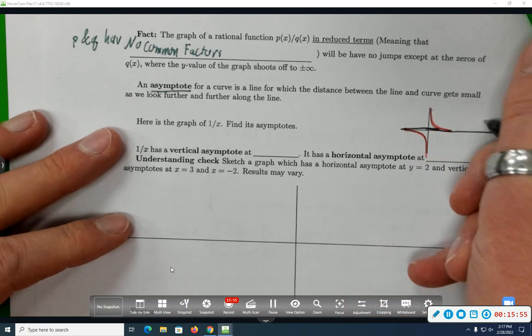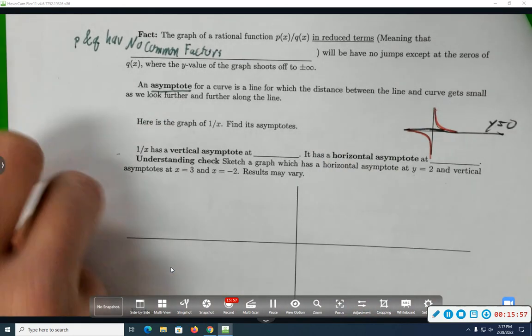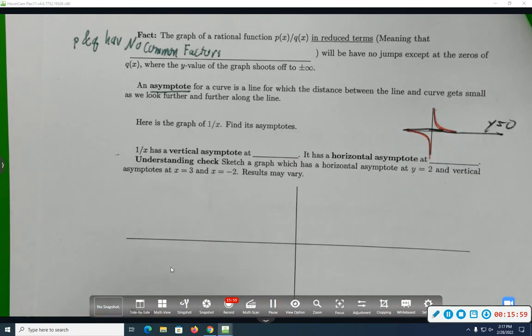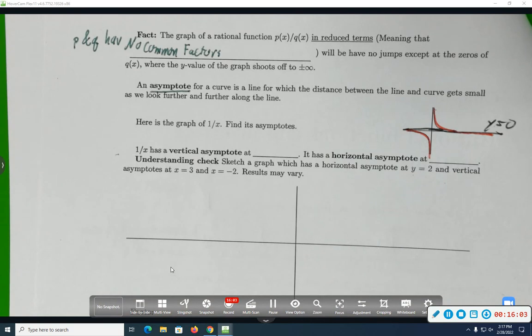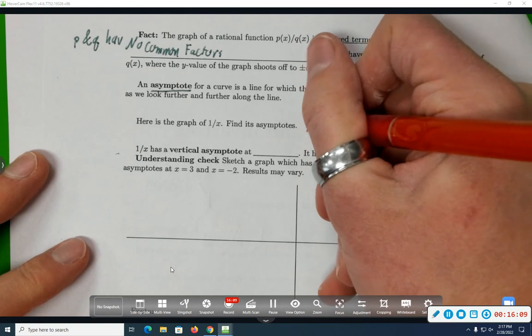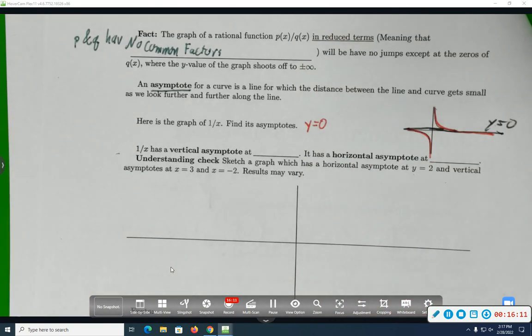There's the line y equals 0. There's the graph of the function. Do points on the graph of that function seem to be getting very close to that line? Yeah. So this has an asymptote at y equals 0. Does it have another asymptote? Is there another line that this gets close to? X equals 0.